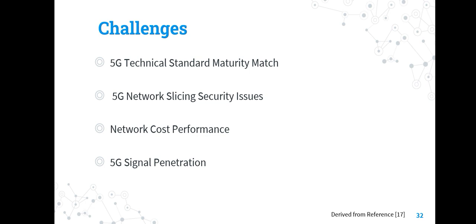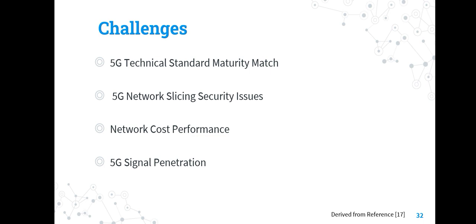So there is a maturity disconnection between 5G technology and the power systems. So we cannot just say that 5G technology is mature enough to implement in power systems. It has some disadvantages, and we have to do more and more research to find efficient ways to incorporate it into the power system. So that's the first challenge.